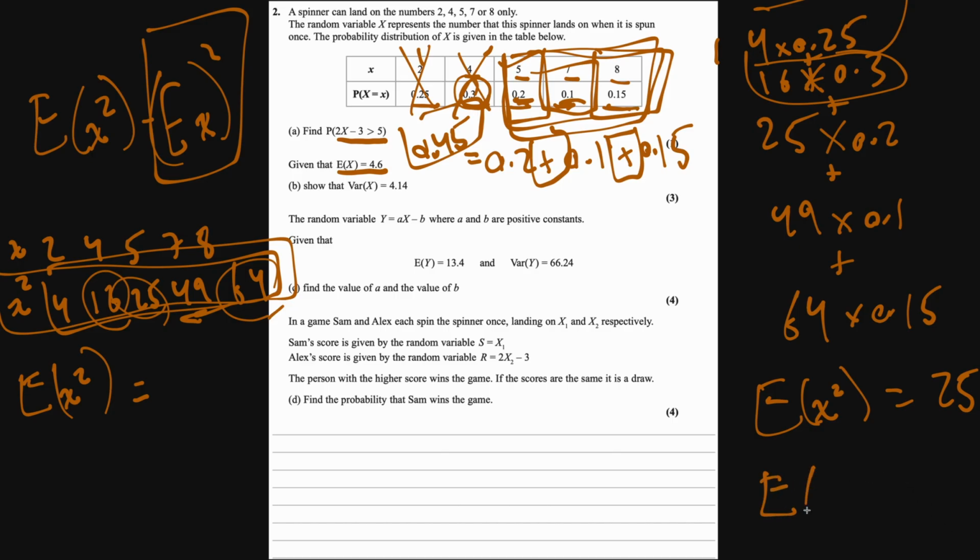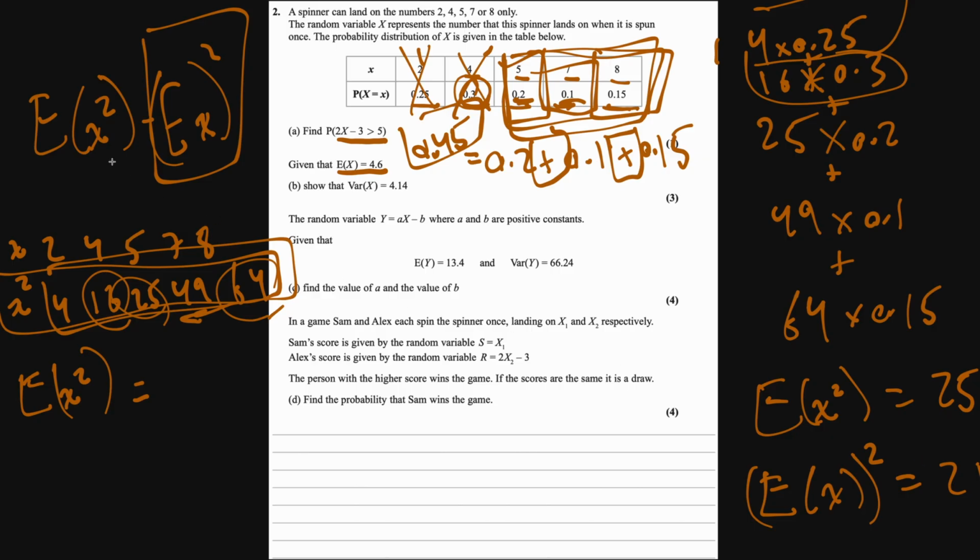And the E of x all squared, well, we basically just take the 4.6 and plug into your calculator 4.6 squared, and that would be 21.16.